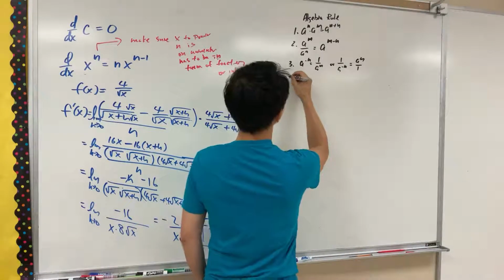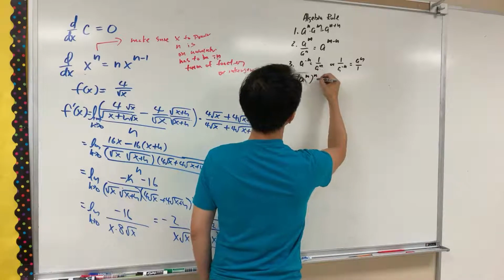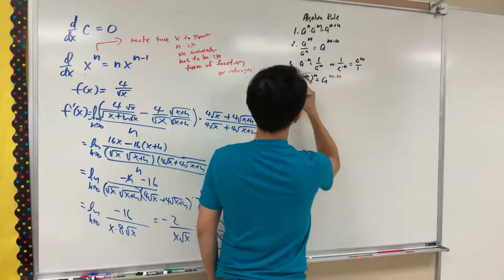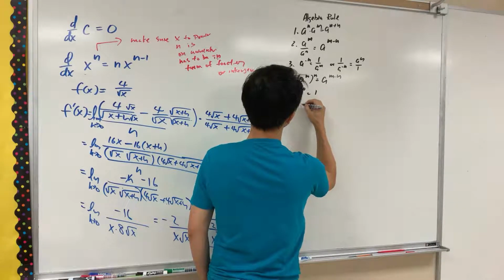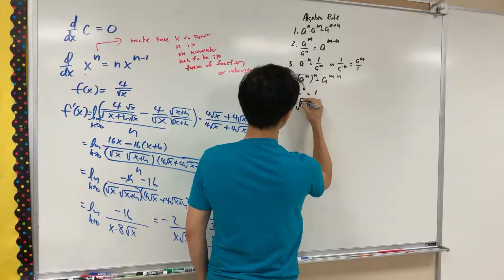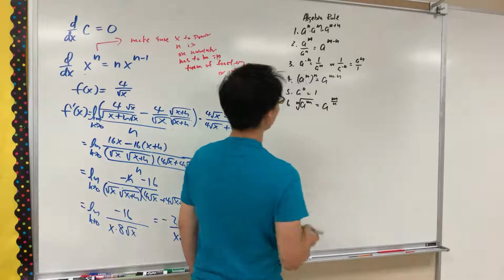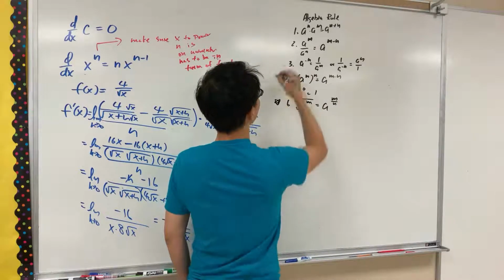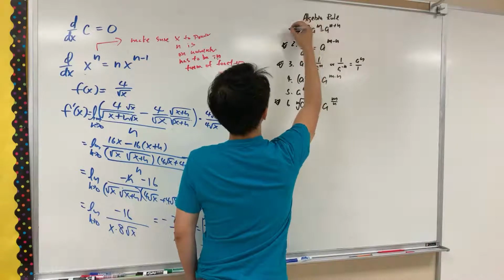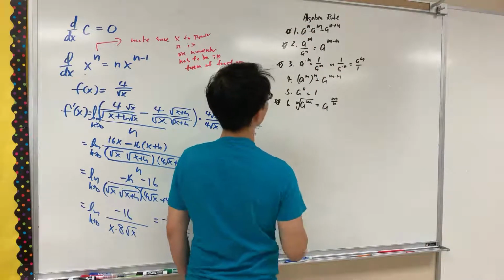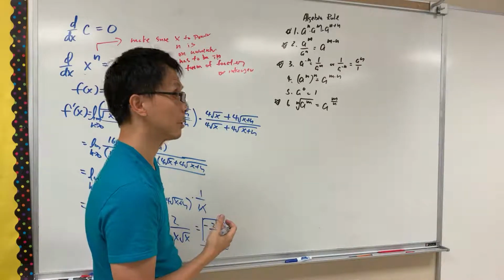The fourth rule says a to the m, to the n, is equal to a to the m times n. The fifth rule, a to the 0 is equal to 1. The sixth rule is a to the m over n equals the nth root of a to the m. I'm going to use these rules very often, all the time.